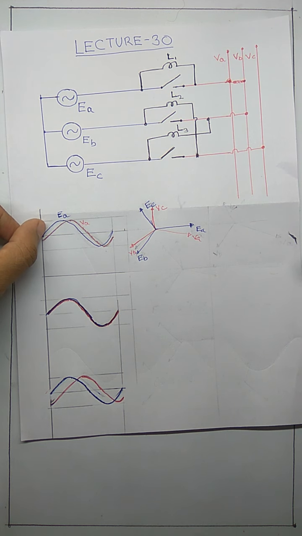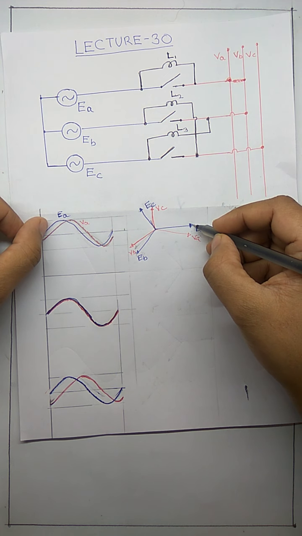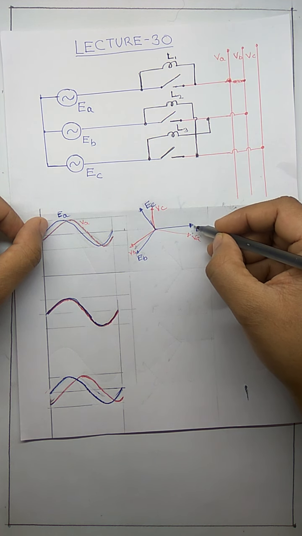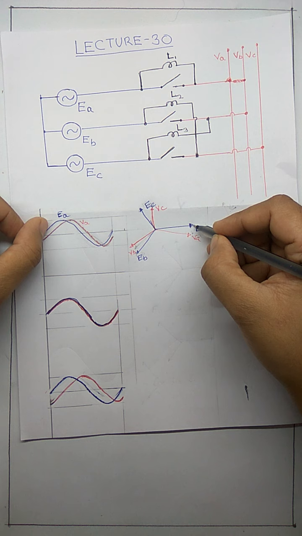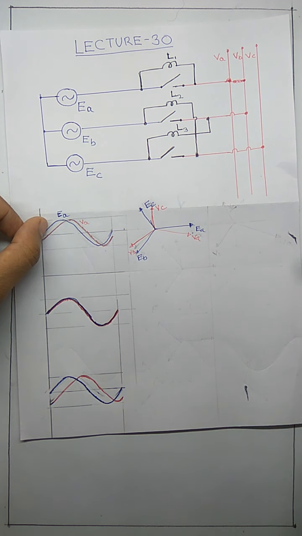Then what will happen? The incoming generator is slower than the grid. That's why the voltage will slowly lag behind, and after some time it will come in phase with the grid voltage. So initially it was here. After some time, since it is slower than this, these two phases will come in phase with each other and they will be in the same phase.